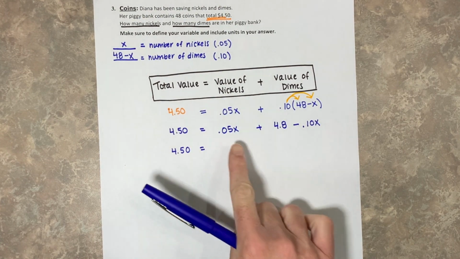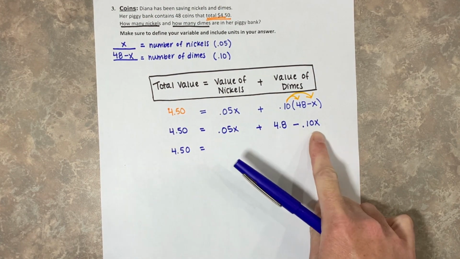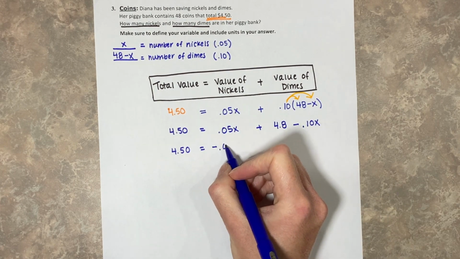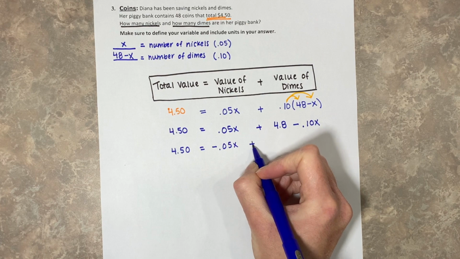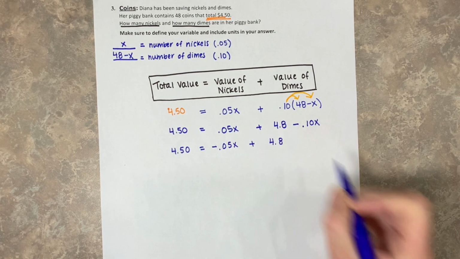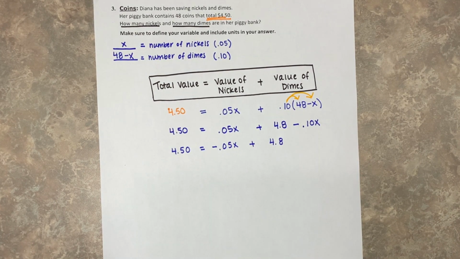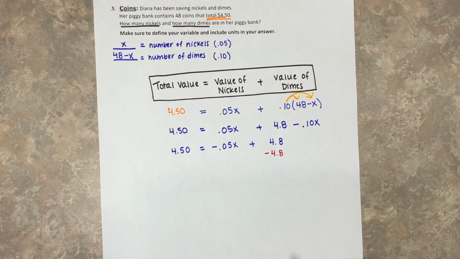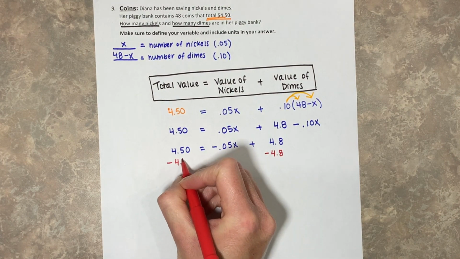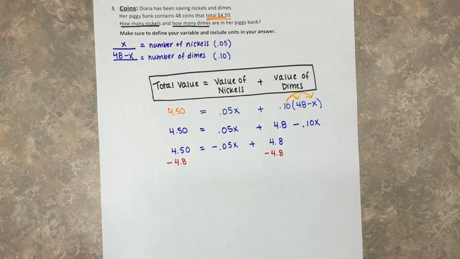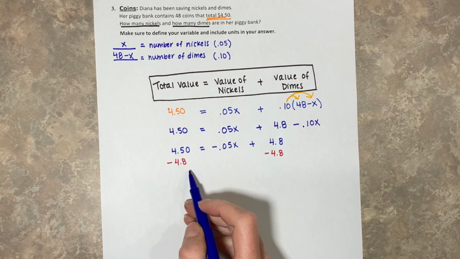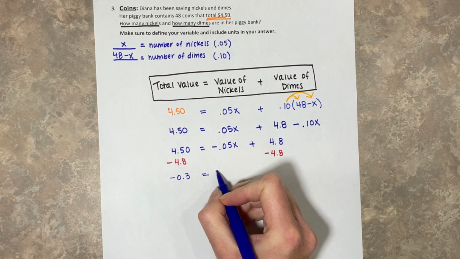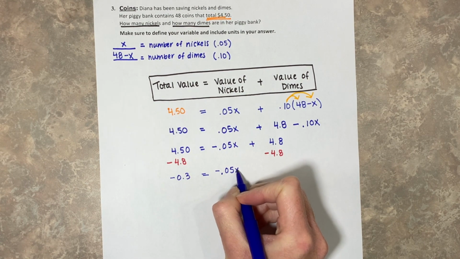And if we combine the like terms here, 0.05x minus 0.10x gives us negative 0.05x. Now we want to isolate x. So to isolate x, let's start by subtracting the 4.8 from the right side, and then we'll also subtract 4.8 from the left side. 4.5 minus 4.8 gives us negative 0.3. And we'll bring down the negative 0.05x.